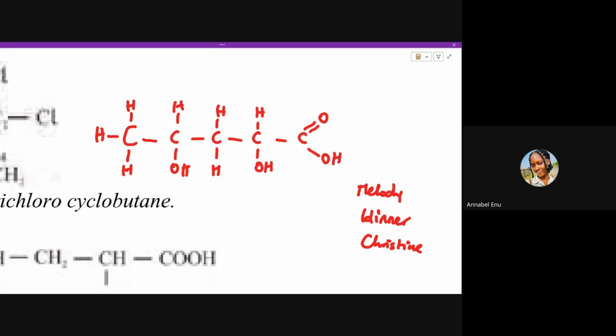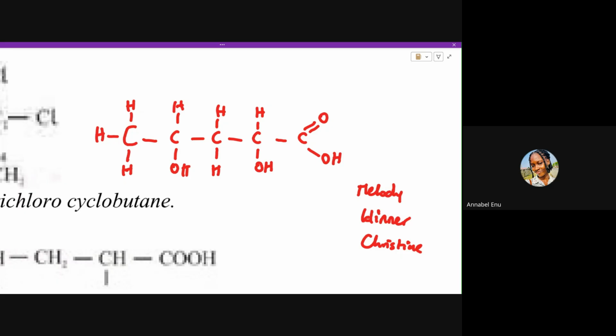What's the main functional group in this structure? All right, in order to not take much more of my time, when we see the structure, the priority falls to carboxylic acid.